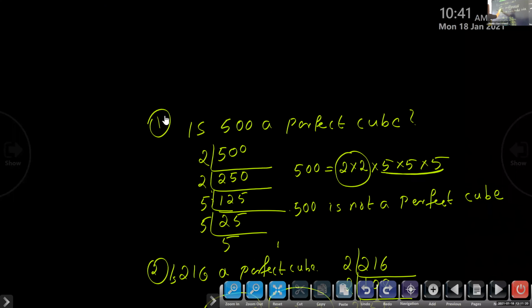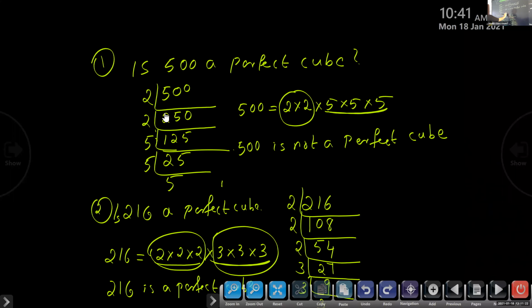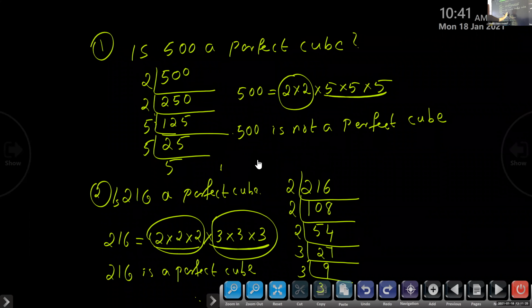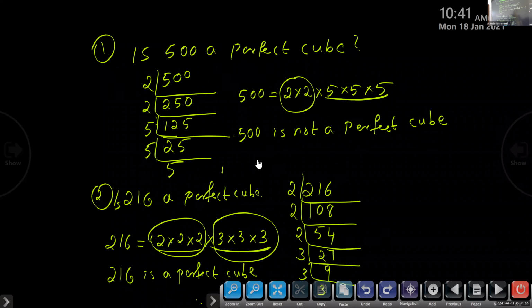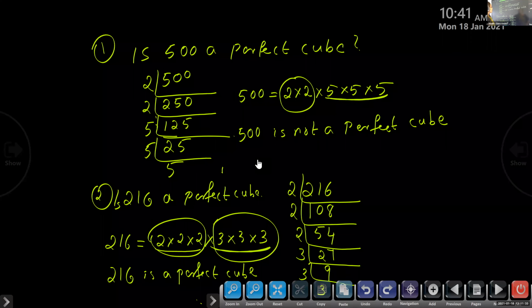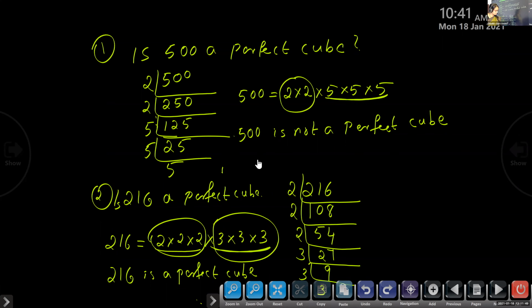The first question, is 500 a perfect cube? 2 into 2, 5 into 5 into 5.